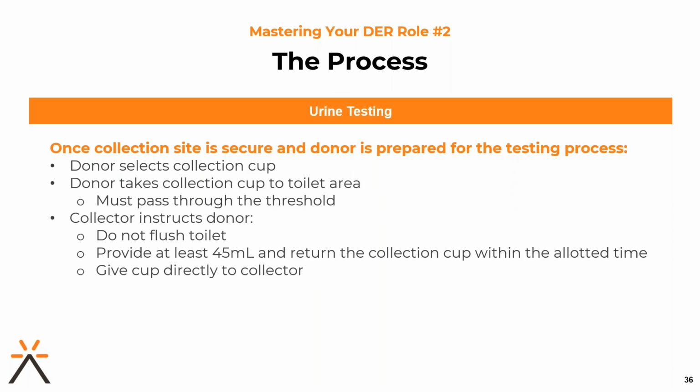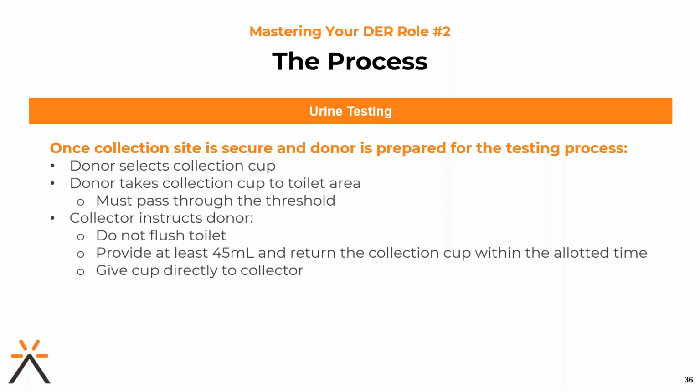Once the site is secure and you can do the testing process, the donor is going to select a cup. Just like we did in the breath test, we're going to have multiple cups on the table, and the donor is going to pick their cup. The donor takes that cup into the toilet area. Here I wrote, must pass that threshold. And then the collector says, do not flush the toilet.